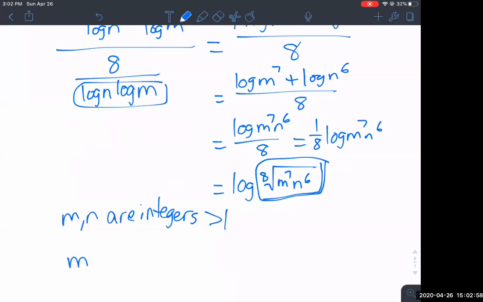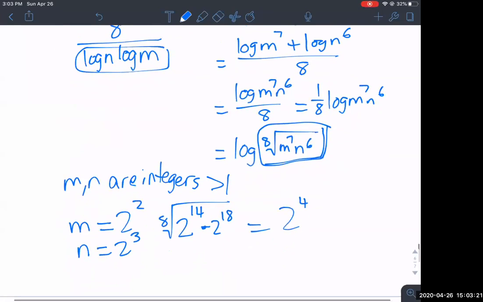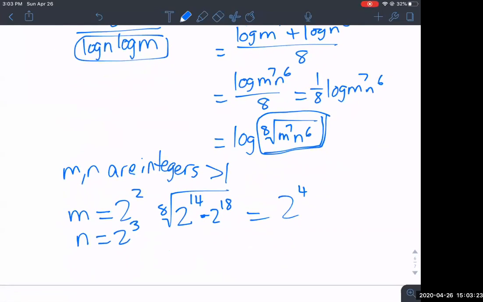So if we have m is 2 to the 2nd, n is equal to 2 to the 3rd, then you put those in, you get 2 to the 14th times 2 to the power of 18, all to the 1/8, which ends up being 2 to the 4th. So that gives us an integer, which is what we want, because the product of solutions for x is an integer. In that case, our answer is m plus n, which is 4 plus 8. That gets us 12.